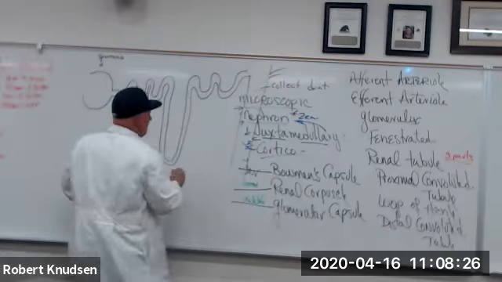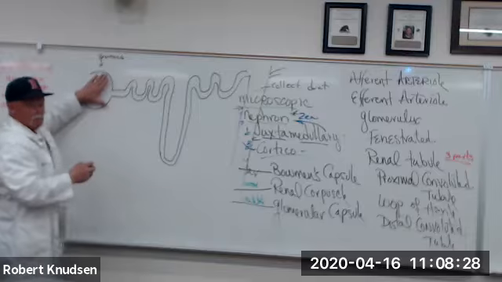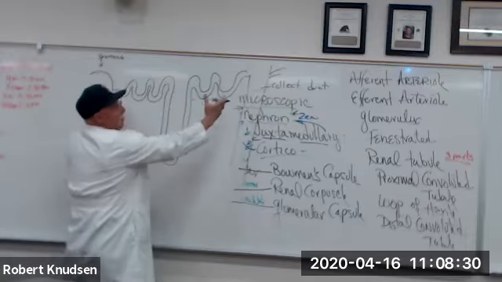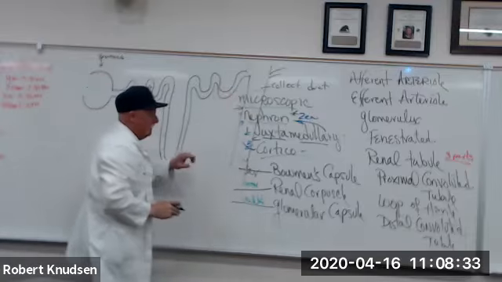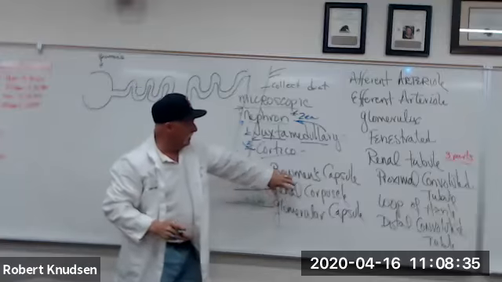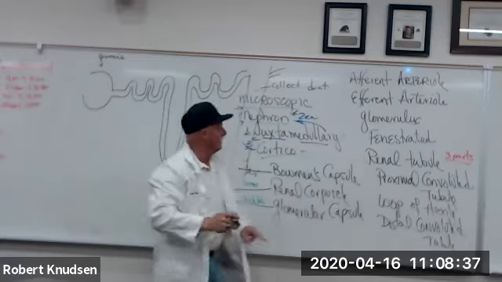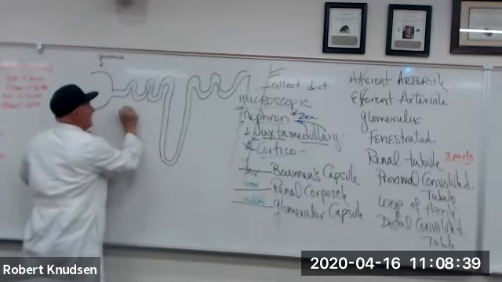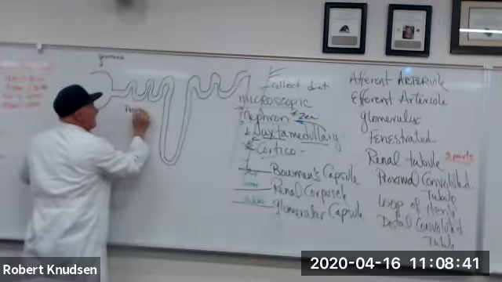So let me put in some names for you. Bowmens Capsule, renal tubule. Bowmens Capsule, renal tubule. Renal tubule, three parts.